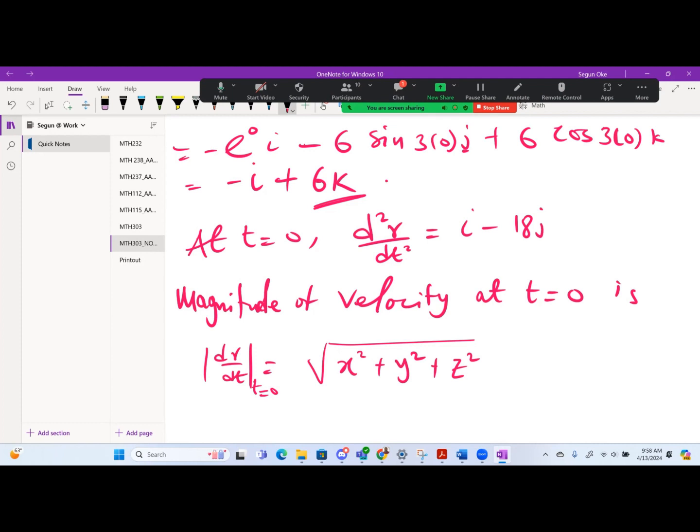Yes, sir. They are already squared. In this case we have minus 1 for i plus 6 squared for k. The final answer will be square root of 37. Any question?